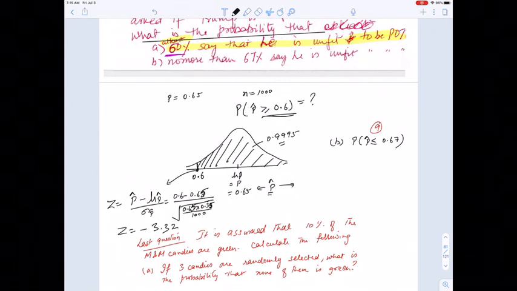Part B was the probability that in a sample of 1000, no more than 67% say that he's unfit. So that's what we need to find out. Again, let's draw.